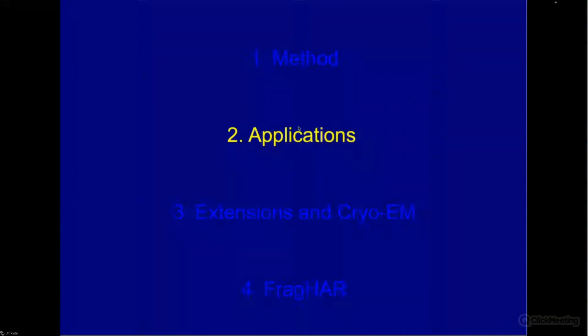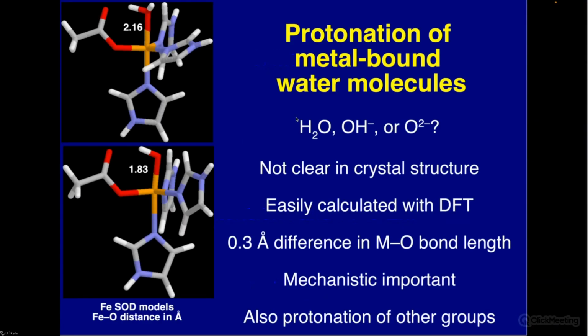So that's the method. And then the question is, what can we use it for? And I will show you a few applications. So one thing we could do is to try to see what we actually don't see in the crystal structure. So try to deduce where, for example, the electrons or the protons are.